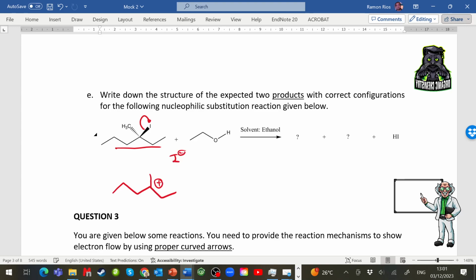carbocation that is attacked by the alcohol. The pair of electrons of the oxygen will attack the carbocation from up and down. I mean, this is a planar molecule because remember that the carbocation has an sp2 hybridization, and then the oxygen can attack from behind the slide or from in front of the slide, obtaining these two products.